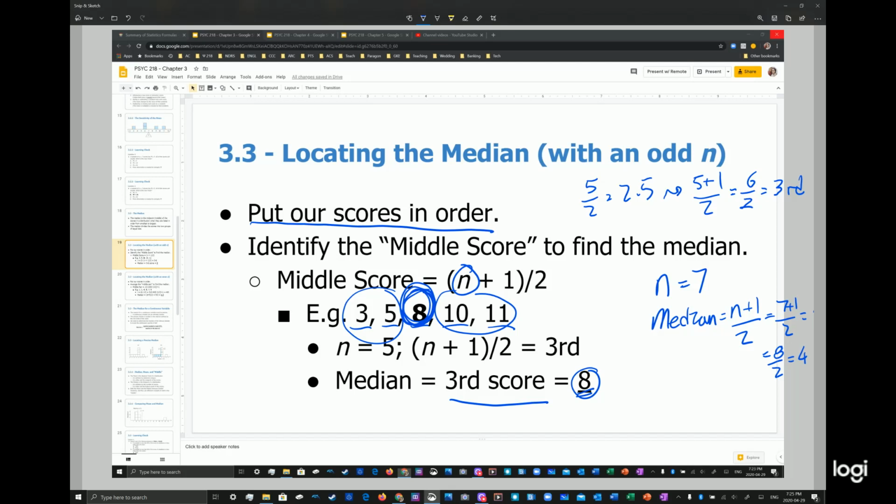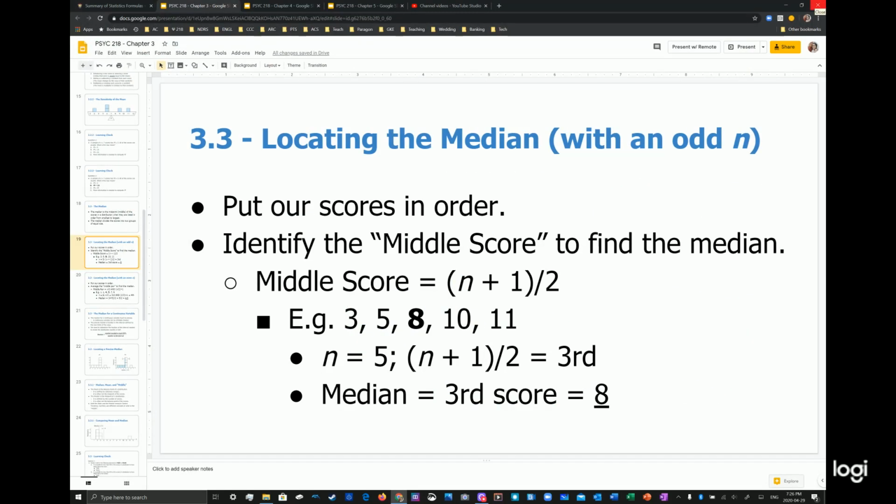So it's the 4th score. If there was a 4th score, I'm going to pretend to give 2 more like this. Then the 4th score in this new distribution would be 10. That's really the gist of using an odd n, when there are an odd number of scores, and looking for the median that way.